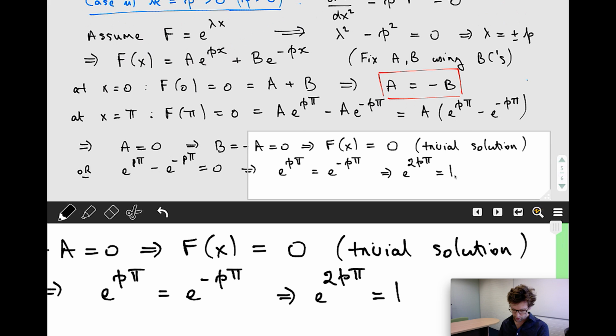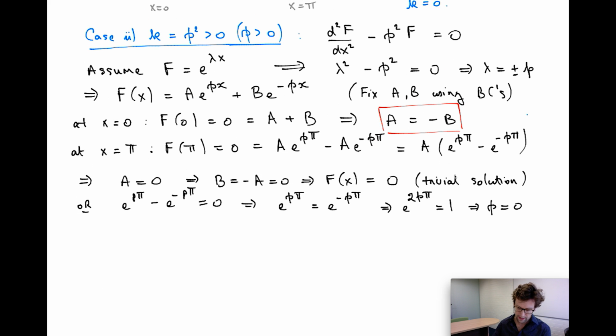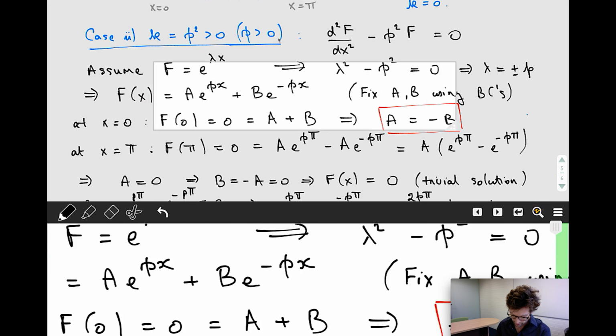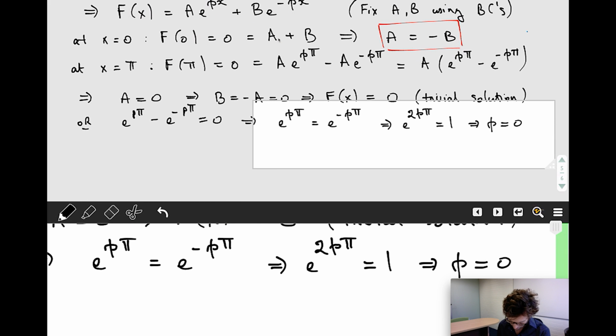So e to the 0 is equal to 1, which should imply that p is equal to 0. But you remember that we explicitly stated that p couldn't be equal to 0. If p was equal to 0, I would just get back the case k is equal to 0. So we didn't want to include that possibility, so we excluded it. So p was equal to something greater than 0. So what we've ended up with is a contradiction. We assumed that p was greater than 0.